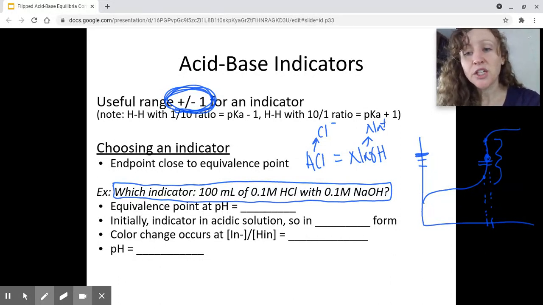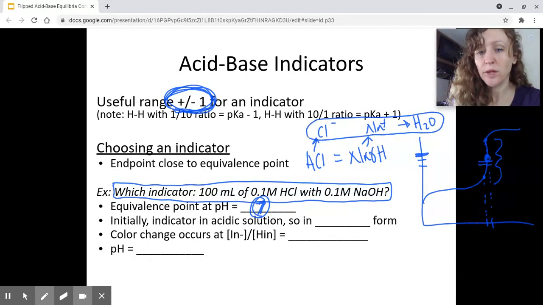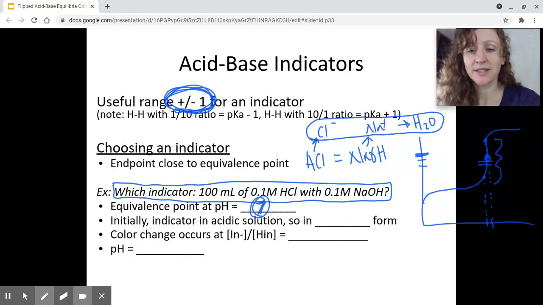And so our pH is going to depend on the autoionization of water, which means at the equivalence point, our pH is going to be 7.